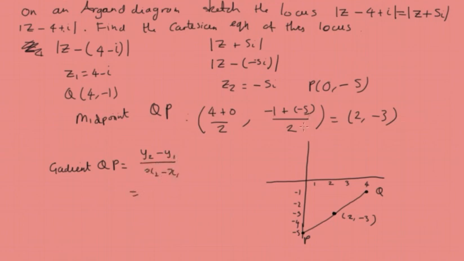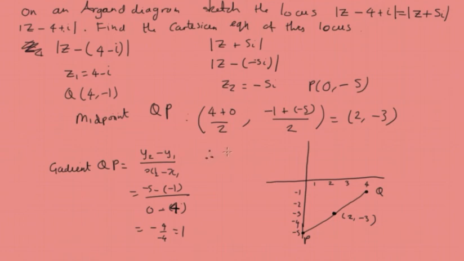So it's going to be (−5 − −1) over (0 − 4). So that's going to be −4 over −4, which is 1.